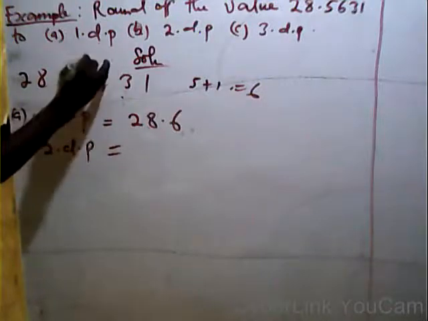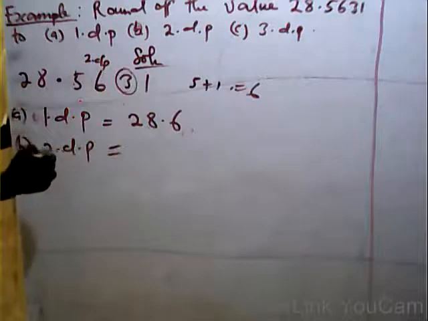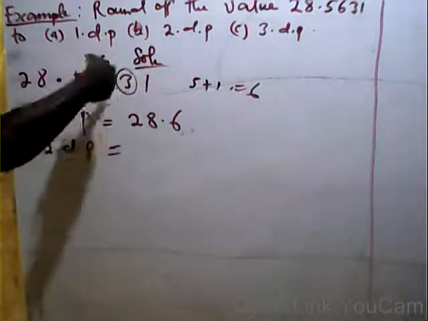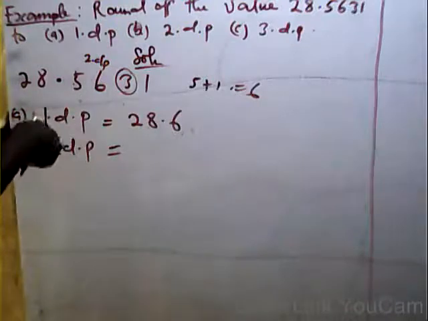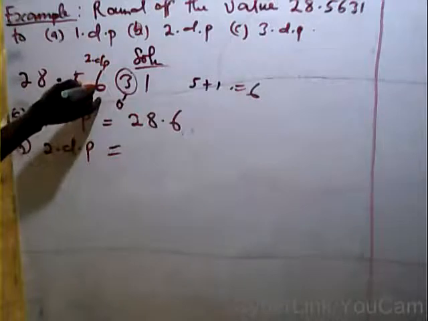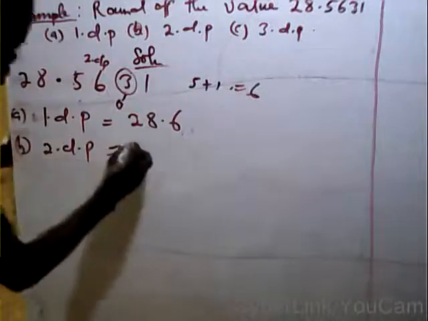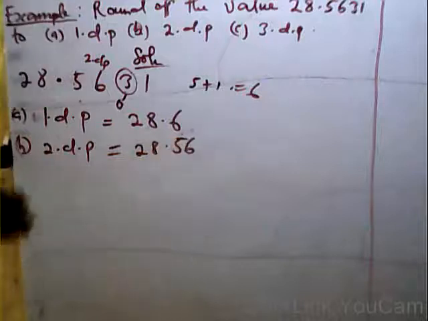The number after that is 3, and the 3 is not up to 5, so you round it down to 0. When you add that 0 to the 6 here, to 2 decimal places you have 28.56. Are you getting it now?